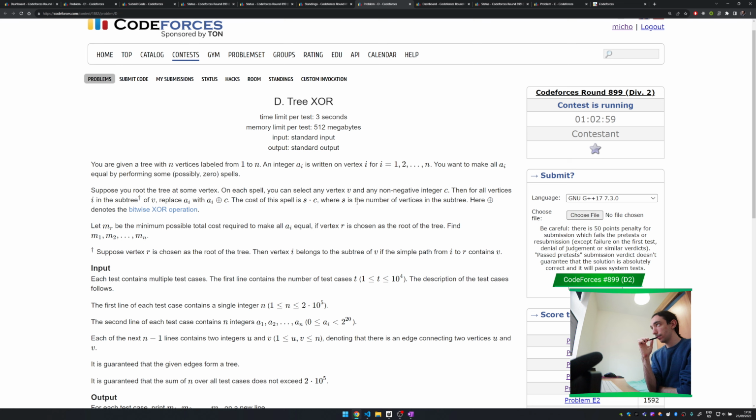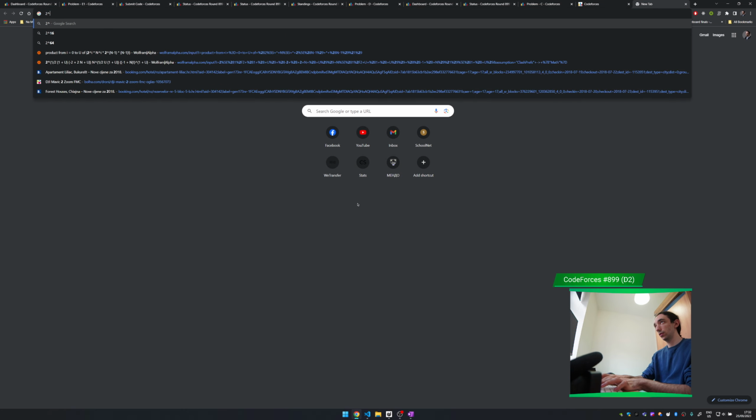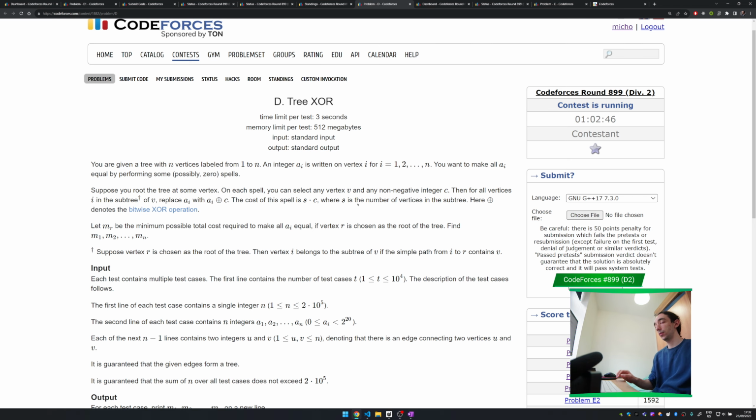Let's think about it. There are 2 to the 20. So something is very, very fishy. 2 to the 20 is 1 million. Something is fishy here.